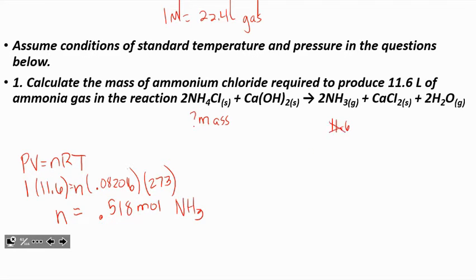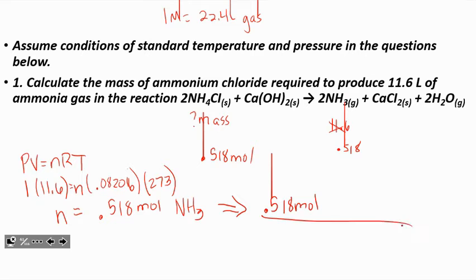Okay, so if we have 0.518 moles of this, that means that we had to start, since this is a 1-to-1 ratio, with 0.518 moles of ammonium chloride. They didn't necessarily want to know moles, they wanted to know grams. So if we take that and multiply by the molar mass of ammonium chloride, then we are able to determine what our value is.